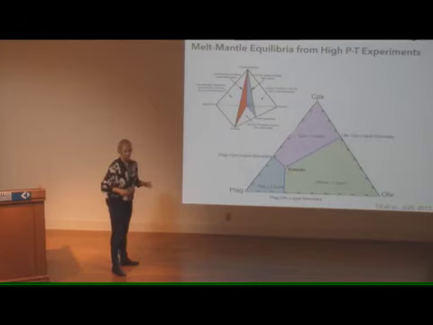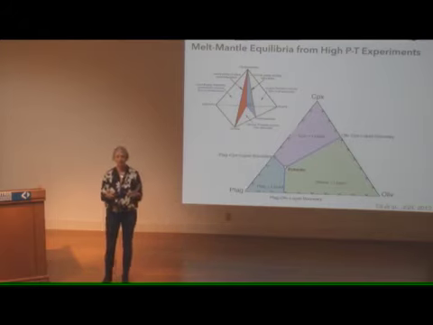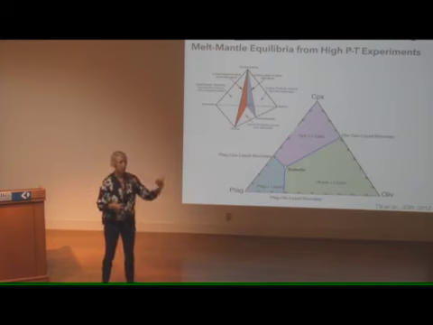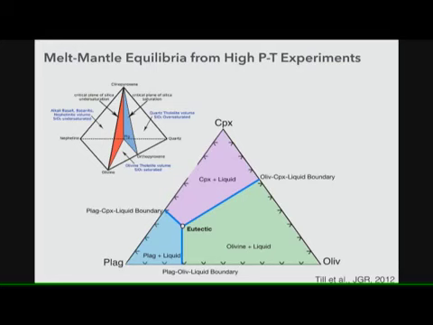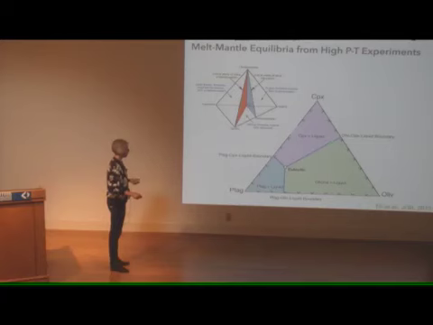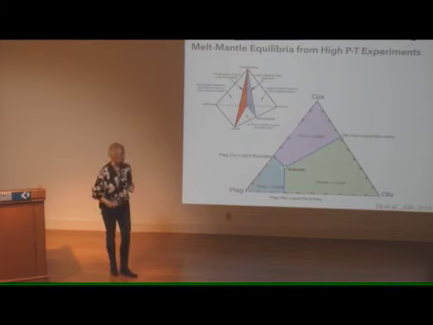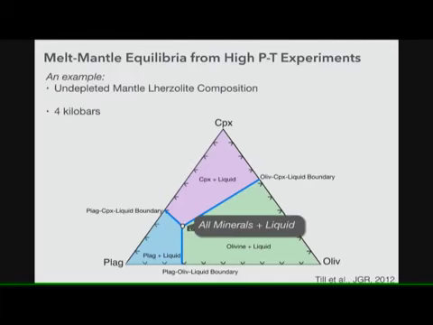Now, if we melt this assemblage, our bulk composition before we melt it would be somewhere on here. That's as represented by if we were to take the assemblage and convert it into the components olivine, CPX, and plage. And if we were to melt it, the first melt would appear here at what we call the eutectic. That's a place where we have all the minerals plus liquid stable in the assemblage. If we continue to melt it, it would move away from this eutectic depending on its bulk composition.